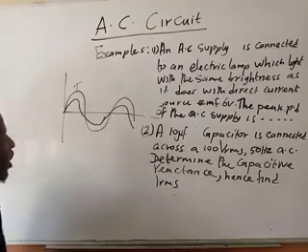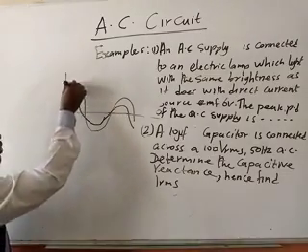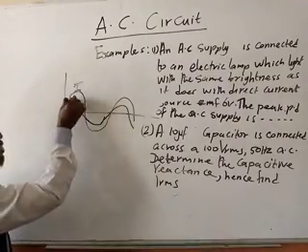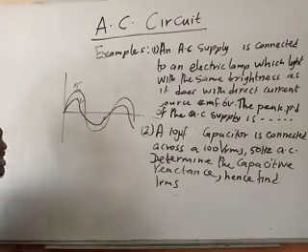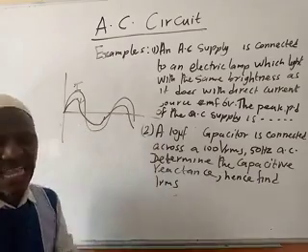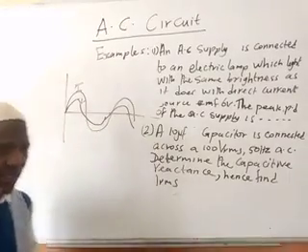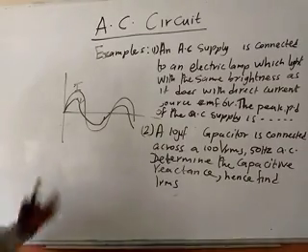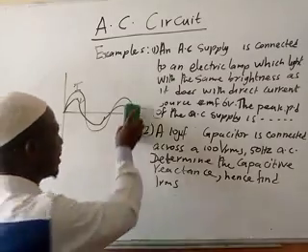If you look at it very well, you see that this is where we have the maximum value of current. Then this is where we have the maximum value of voltage. So in that case, we are going to say they are in phase. That is, they have maximum and minimum at the same point.